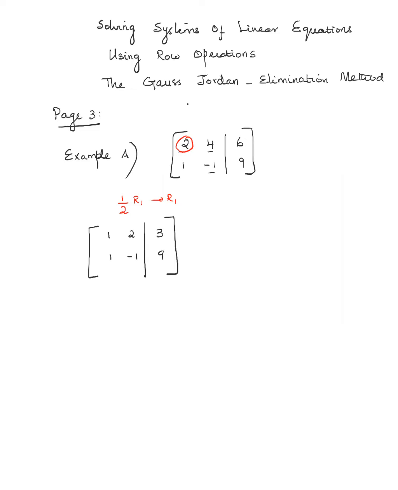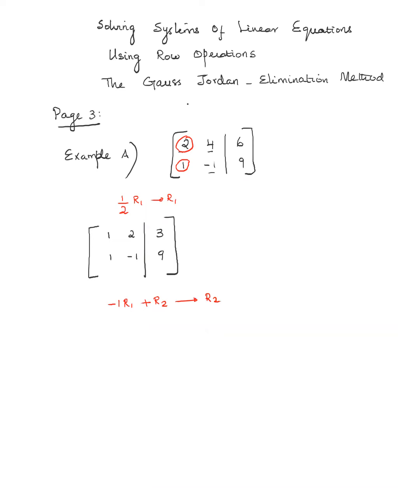Now the next one is we have to make this one 0, the second row, first element into 0. In order to do that, we can subtract row 1 and row 2. So the operation is, you multiply the row 1 by -1 and add with row 2, and that result goes to R2.